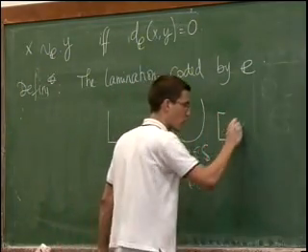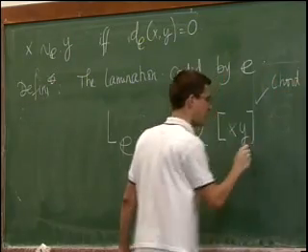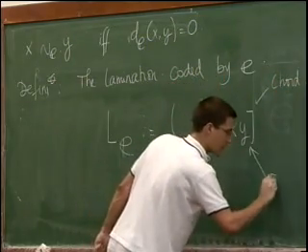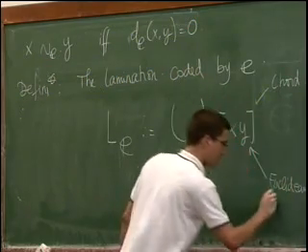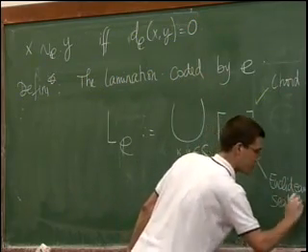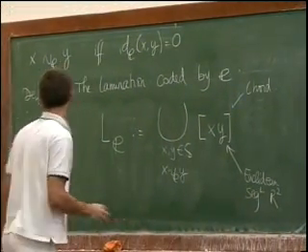I call this a chord xy. This is a chord, and this is just the Euclidean segment in R2. OK? So this is the definition.